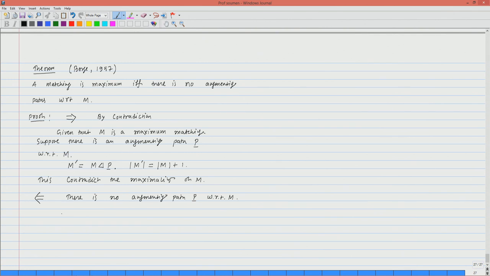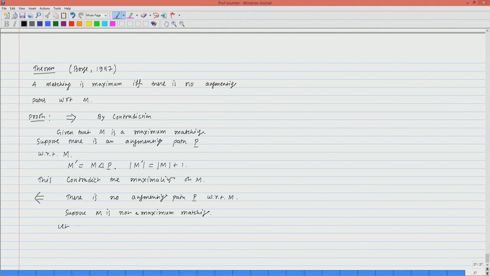So, you assume that, suppose M is not maximum. M is not a maximum matching. Okay.